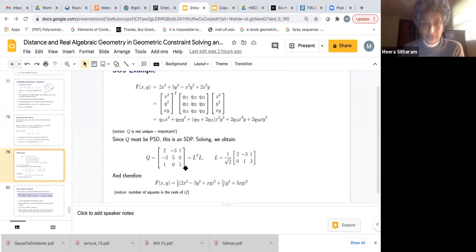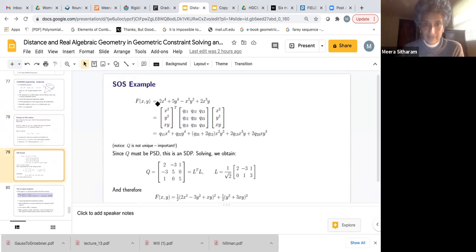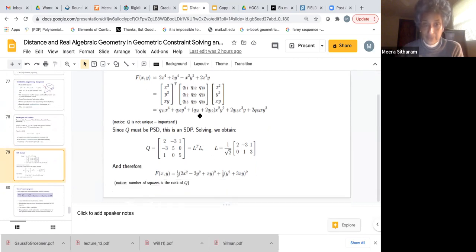Okay, so here's an example. F of x, y is written in this way. You want to check whether it's a sum of squares polynomial. You simply do the semi-definite program. You're looking to see whether there's a PSD matrix here, so Q has to be PSD.